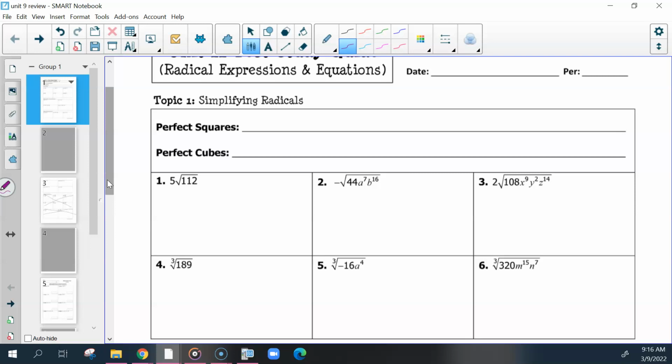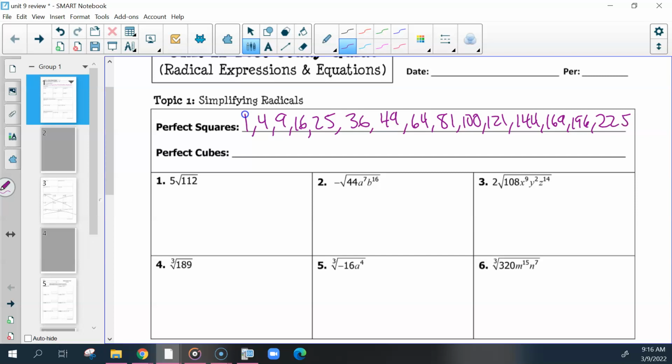So really quickly, let's do that. I'm just going to list, let's say up to 15. You can stop at 12, at 10, it doesn't matter. If you want to go to 20, that's fine, because there really shouldn't be more than 20. These ones, I never know by heart.